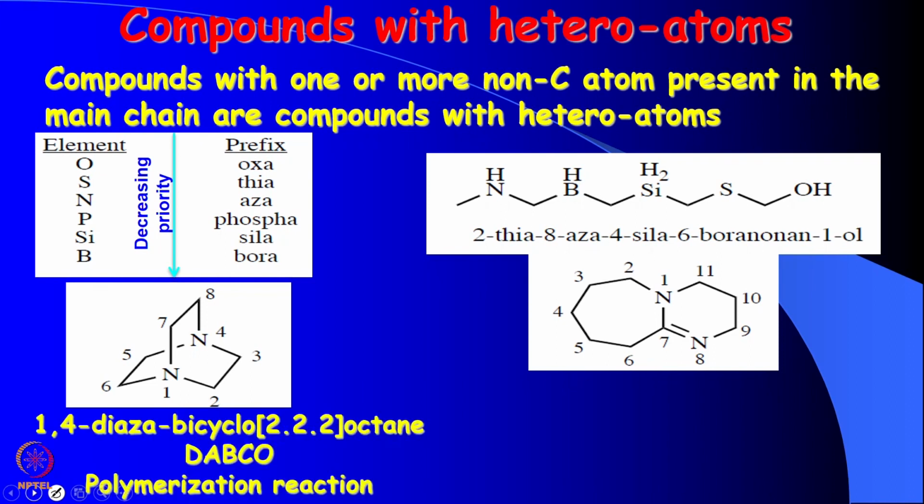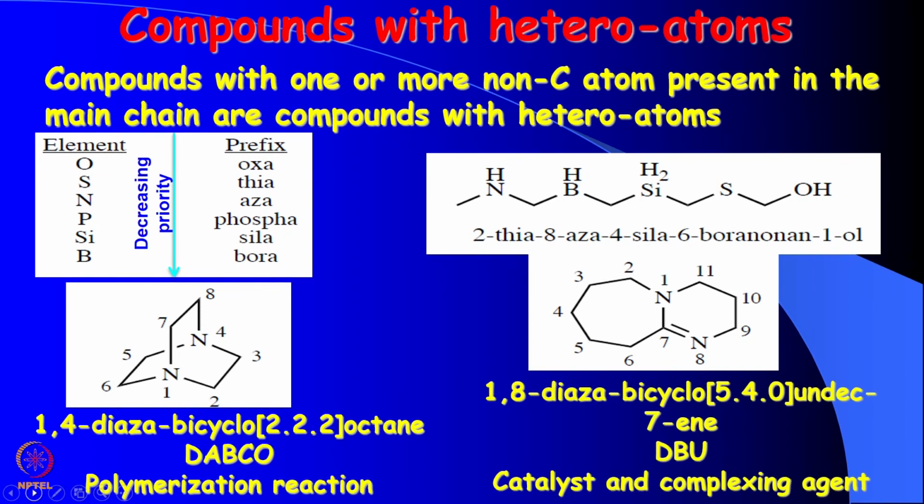The last type of compounds that I would like to touch on are the compounds which contain atoms other than carbon, hydrogen, nitrogen, oxygen, for example, boron, silicon, phosphorus, etc. So, when you have this kind of substitution, we have different prefixes for different elements, and here is one example which is a very well known compound, DABCO, used in polymerization reactions.